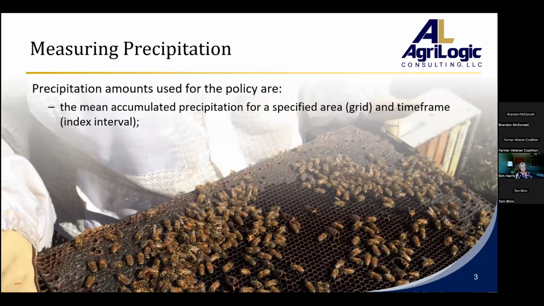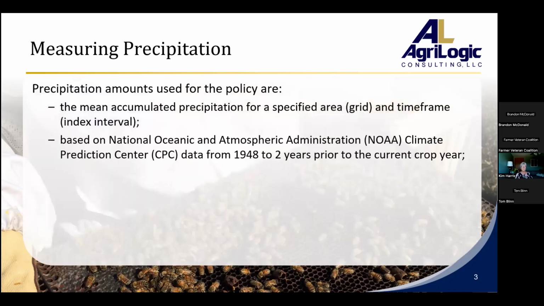The precipitation amounts used to determine if there's a loss are the mean accumulated precipitation, which means the mean average of precipitation that falls in a specific area, which we refer to as a grid. We'll explain what a grid is. And that's during a certain time frame, which the policies refer to as an index interval. We'll cover what an index interval is.